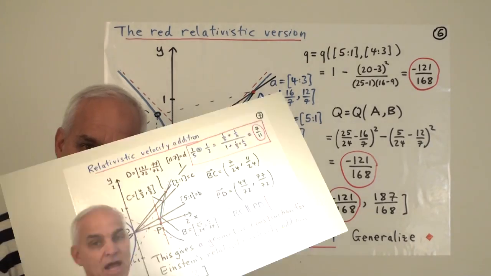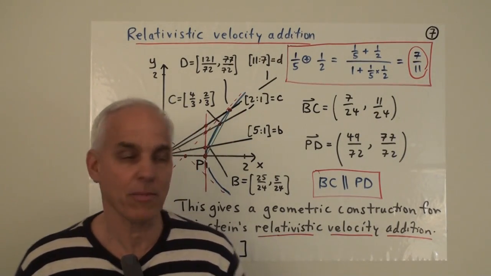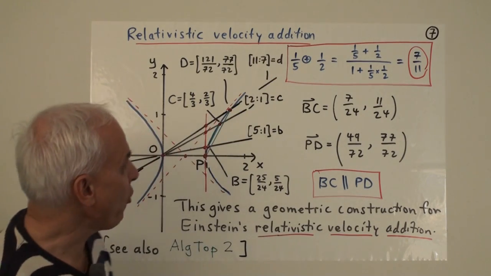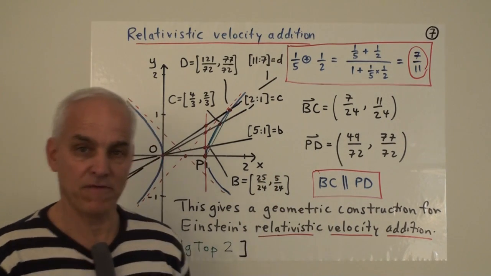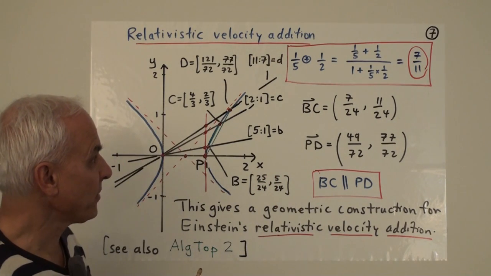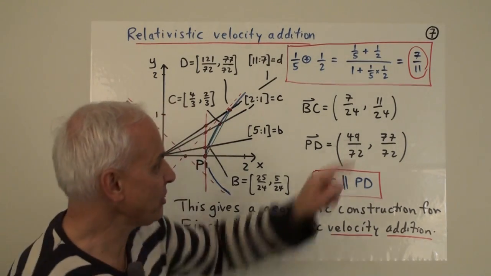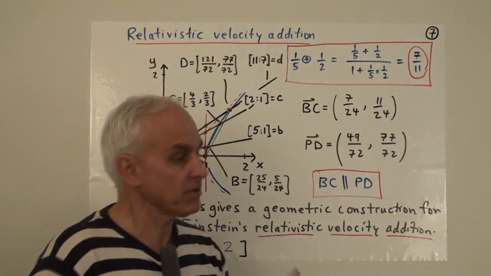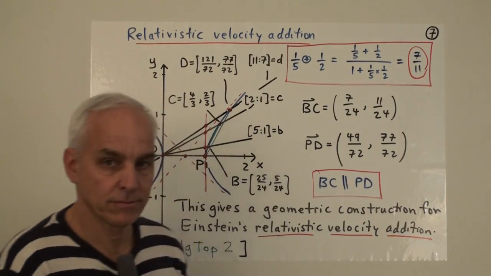Okay, so now I'd like to go full circle and go back to the original idea that we started talking about with relativistic velocity addition of Einstein. This formula that if you have 2 relativistic velocities, say 1/5 and 1/2, then to add them relativistically, we don't just take their sum, we take their sum divided by an appropriate sort of scaling factor, which is 1 plus their product.